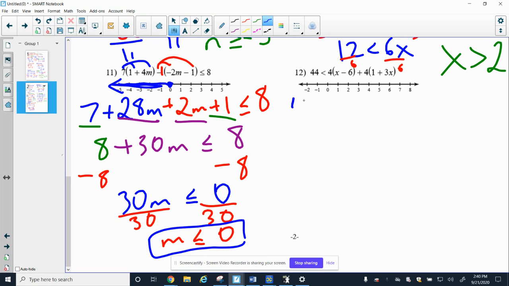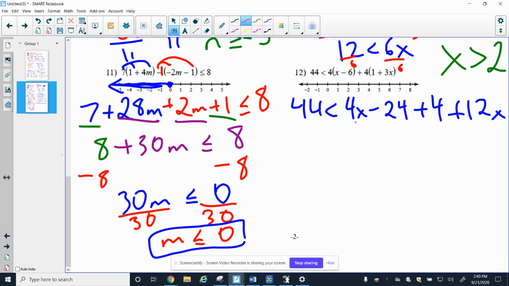We did. 44 less than. Let's distribute. Be 4x minus 24. So we multiply the 4 to both. Plus 4 plus 12x. Combine our like terms. Okay, so we could combine the 4x and the 12x. 44 is less than 4x plus 12x, 16x.